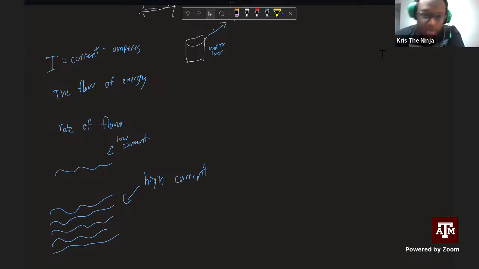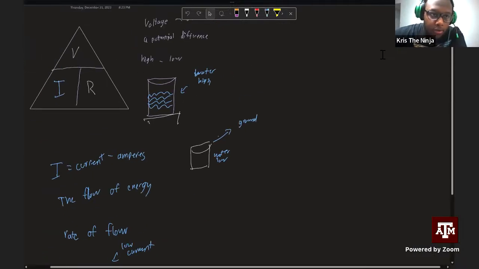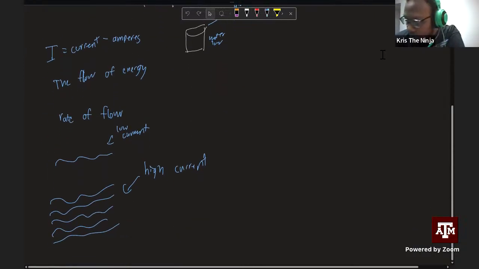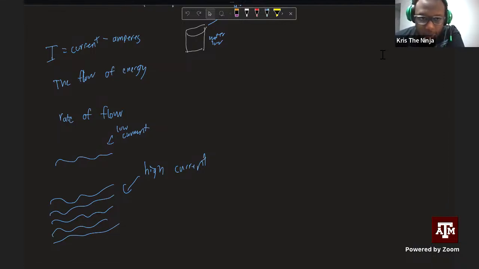Then the beavers of our proverbial Ohm's law ecosystem: voltage would be like the water itself, current would be the river flowing, and you have our beavers, which are the resistance.